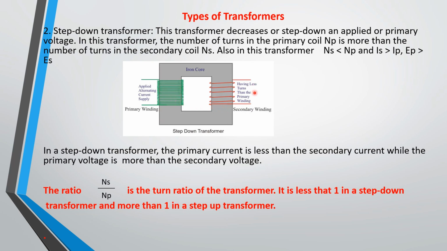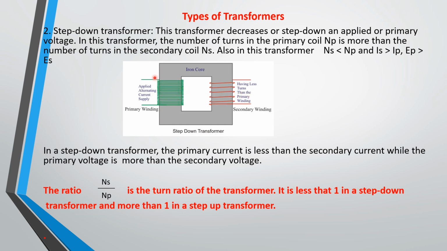This type of transformer, where you have more windings in the primary coil than the secondary coil, is known as a step down transformer. In this transformer, the current in the secondary coil is more than the current in the primary coil, and the voltage in the primary coil is more than the voltage in the secondary coil, because it is a step down transformer.